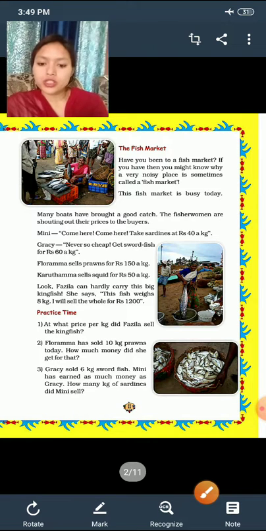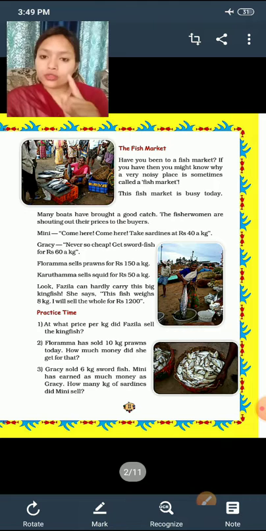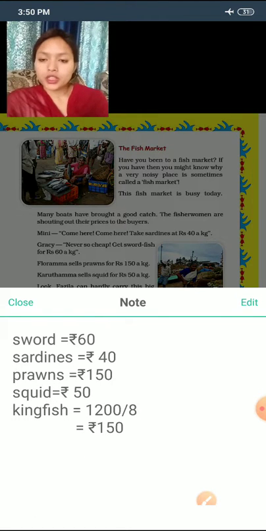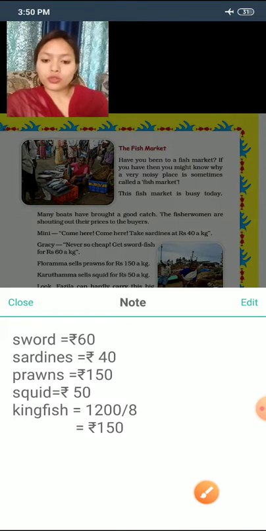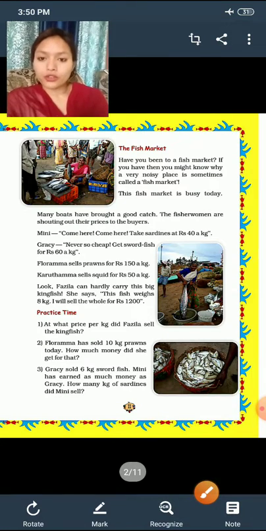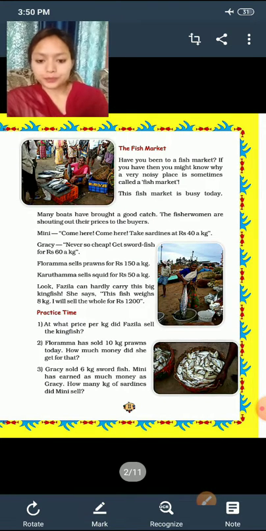The second question is, Florma has sold 10 kg prawns today. How much money did she get for that? Now you know the cost of 1 kg prawns. From here you can see 1 kg prawns is 150. So you have to find for 10 kg. What will you do? You will multiply that by 10.